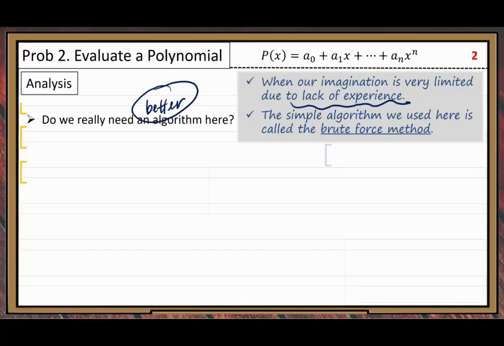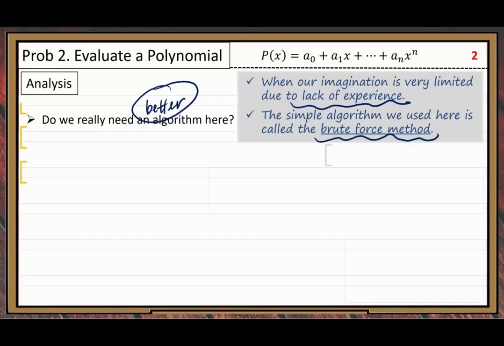The first, in the previous slide, when we do the straightforward method, later we will call it the brute force method. It is very common in problem solving. The first time when you want to solve a given computing problem, you do not have any idea.